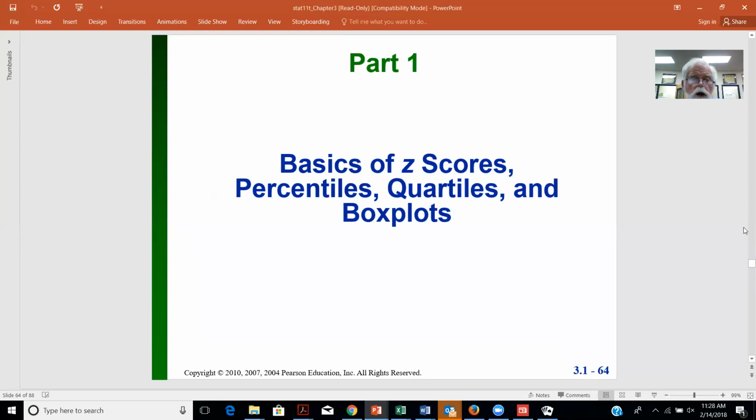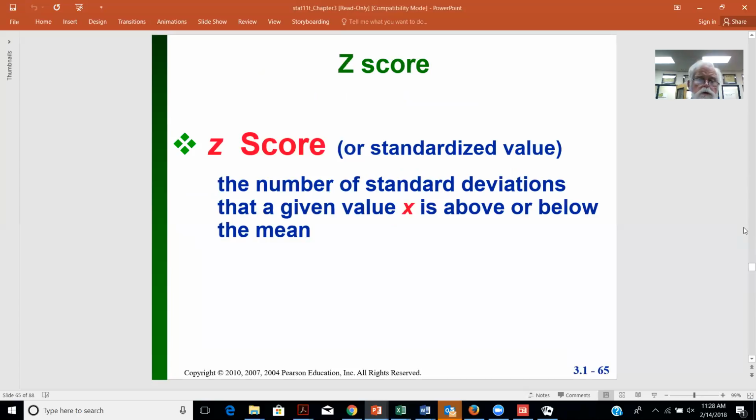Okay, we'll start off actually looking at what we call z-scores, which are standardized values, a measure of how far above or below the mean a specific value is. Banks use z-scores to determine risk for loaning money, giving credit cards or doing mortgages or anything else.